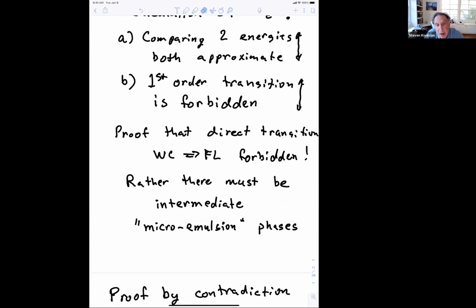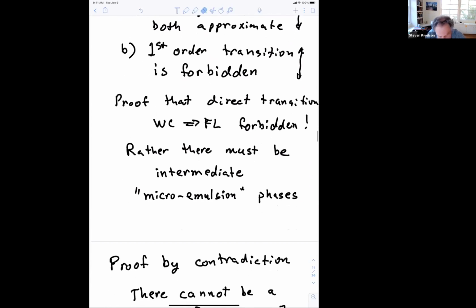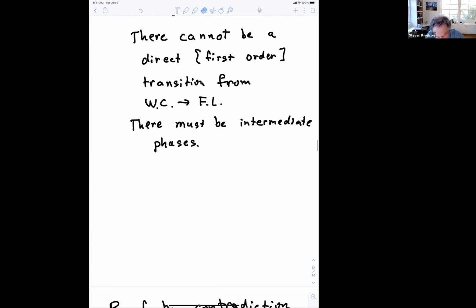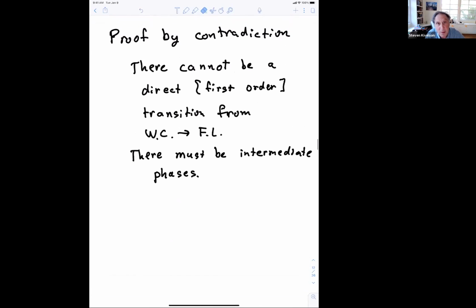Rather, what we show is that there must be intermediate phases between these 2 phases, likely microemulsion phases. So let me describe how this proof works. I originally had planned to actually go through the steps of the proof, but I decided I don't have time for this. But let me at least describe the logic of the proof.